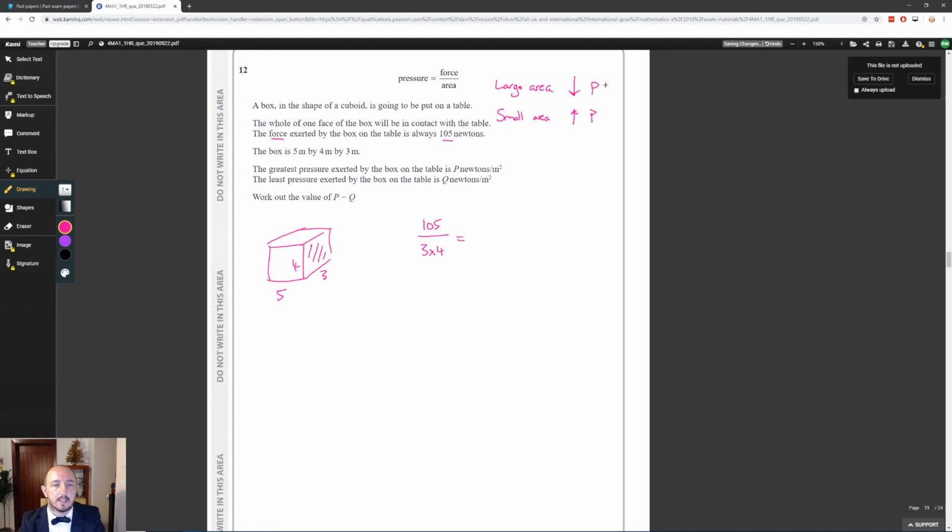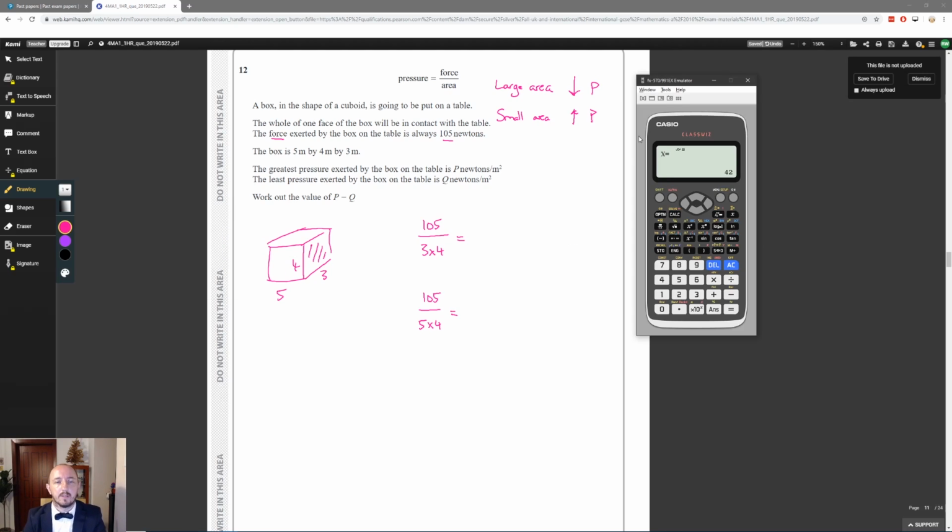And our largest area, 105 over 5 times 4, that would be our largest area. So we can do 105 over 12 is 8.75.